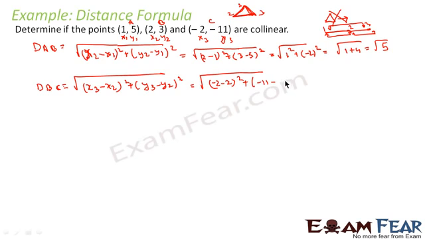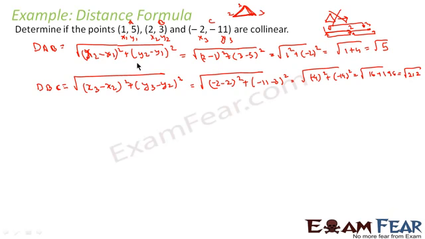That is the root of (minus 4) square plus (minus 14) square, that is the root of 16 plus 196, and that comes out to be the root of 212. That is the distance.